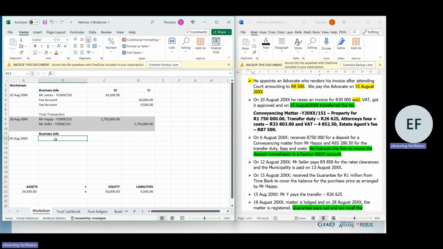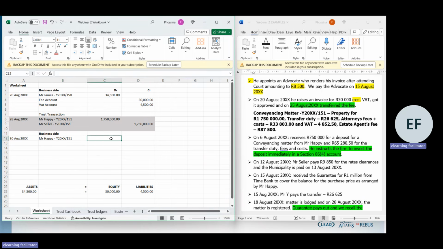So we start just like what we did with Mr. James. It is going to be Mr. Happy, and this file reference 20XX stroke 151. How much are we recording?